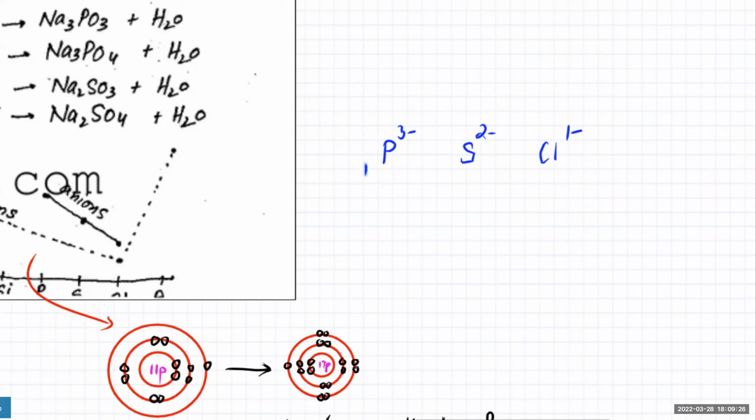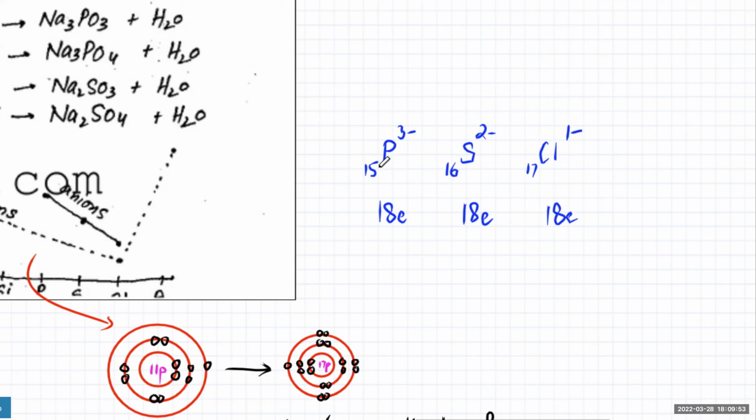What that means is phosphorus should have had 15 electrons, but now it has 18 electrons. Sulfur atomic number is 16. It should have 16 electrons, but now it has 18 electrons. Chlorine has a proton number of 17, should have 17 electrons, but at the moment it's got 18 electrons. So they're all isoelectronic, which means that they have exactly the same number of electrons.